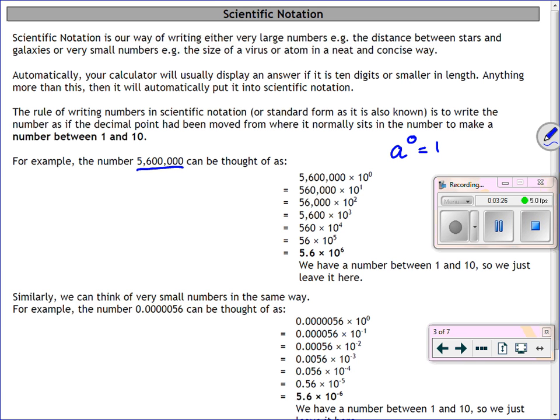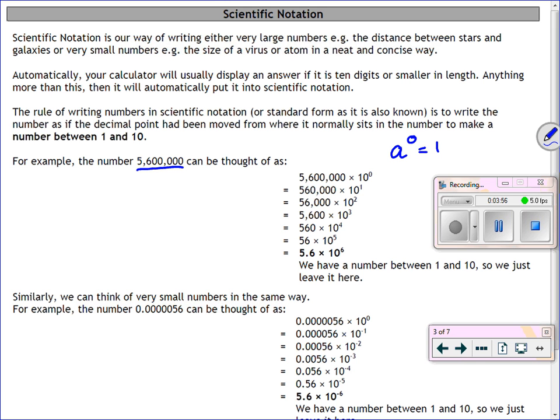That's the exact same as taking 560,000 and multiplying it by 10, which is the same as saying 56,000 multiplied by 10 squared, which is 100. It's the same as saying 5,600 times 10 cubed, which is 1,000. 560 times 10 to the power 4, 56 times 10 to the power 5, or 5.6 times 10 to the power 6.